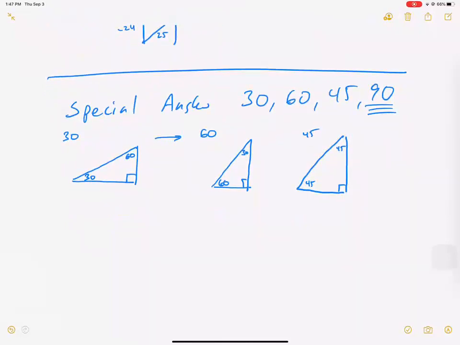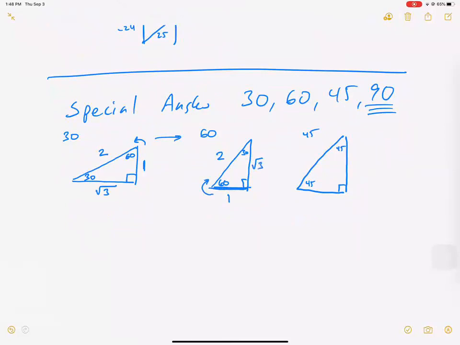Please see that these ratios will always be the same. The short side is 1. We double to become the hypotenuse, and the long side is square root of 3. The short side is always next to the 60. Looking at the next triangle, the short side is always next to the 60. 1, hypotenuse is double, square root of 3.